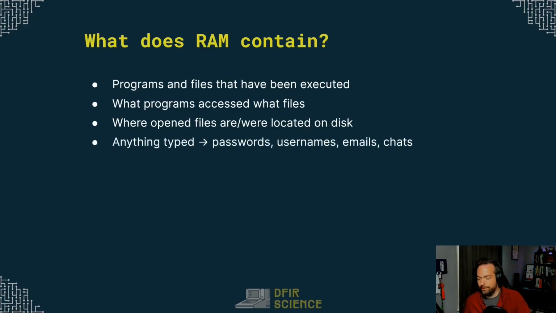Anything typed. So if you type on your keyboard, basically that keyboard typing is going to a buffer in RAM and then being injected into a web page or whatever it is that you're typing for, an email, a Word document, chats, passwords, for example. If you type your password in, we might see our password as just dots because the program is covering it up.